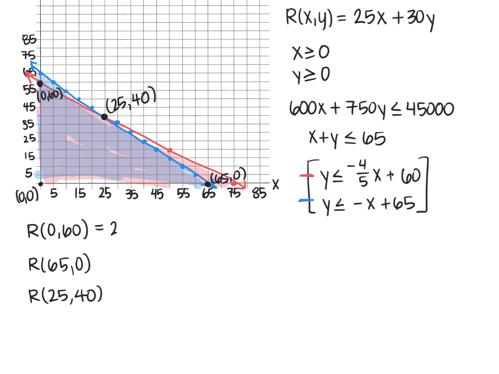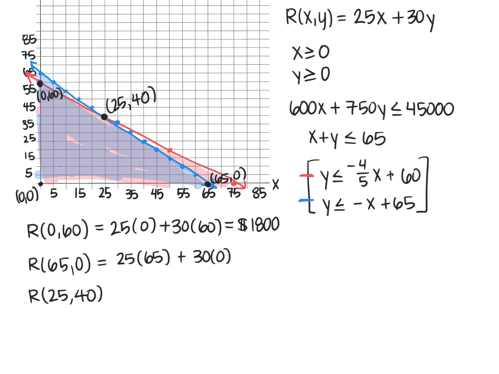So we'll have 25 times 0 plus 30 times 60, which gives us a revenue of $1,800. For our next point, we have 25 times 65 plus 30 times 0, which is 1,625.